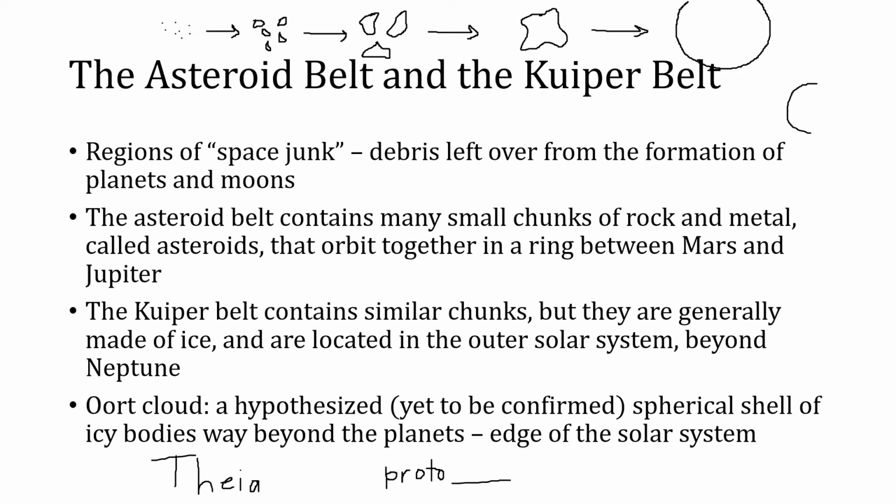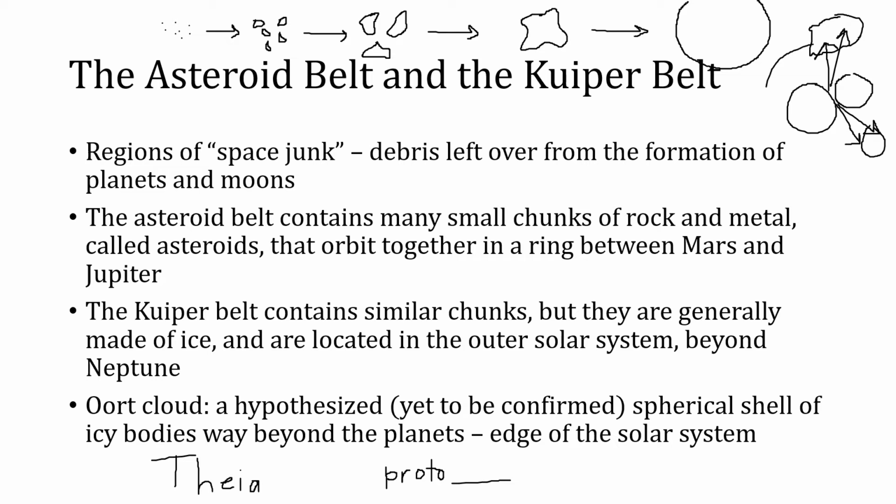So basically you have this proto-Earth right here, and then Theia, which collides with Earth, and a bunch of debris goes flying off from the impact. You just end up with a bunch of space junk that goes flying off in every direction, but the idea is basically that you end up with a clump of space junk over here, clump of space junk over here.